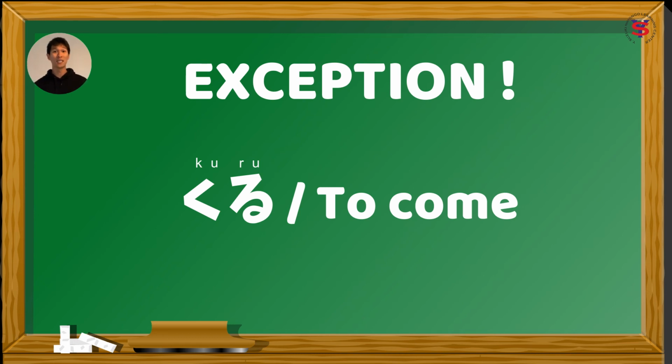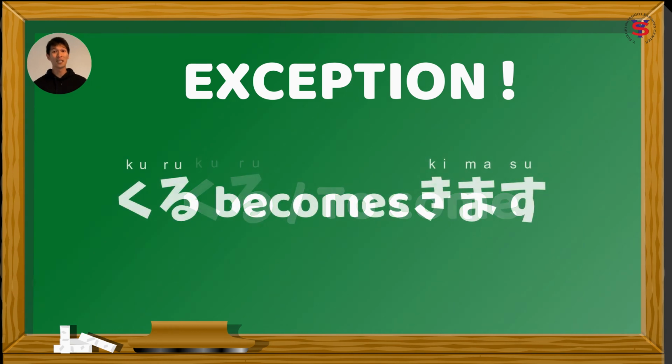So, papalitan natin si ku at hahanapin natin yung character nito na nasa i family. So, in this case, that's ki. Tatanggalin natin si ru, and then we put masu. So, kuru becomes kimasu. Kimasu. Since exception ito, tandaan lang natin ito. Practice na lang kailangan dito.